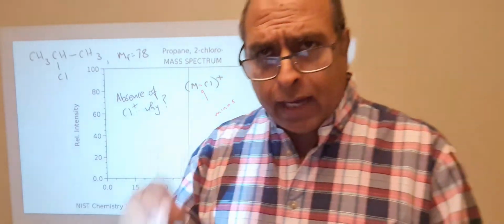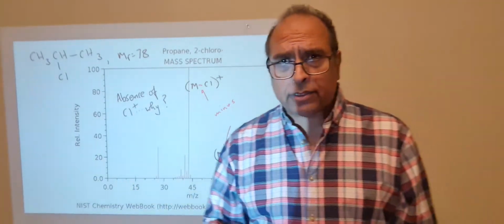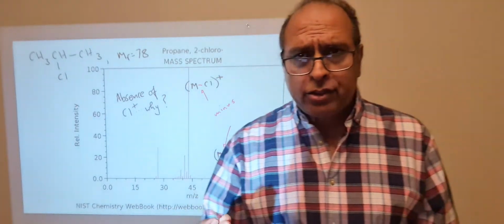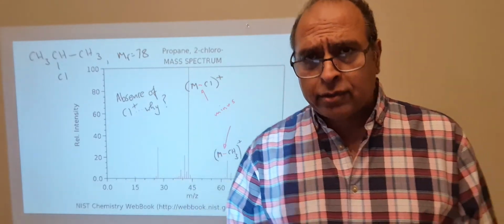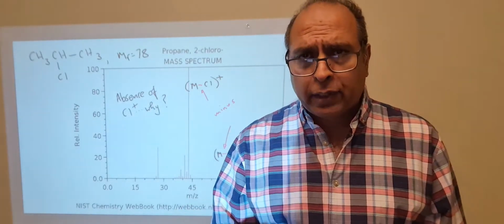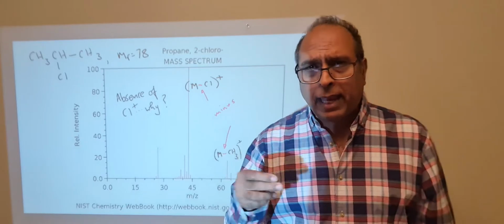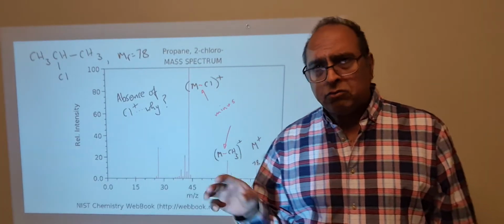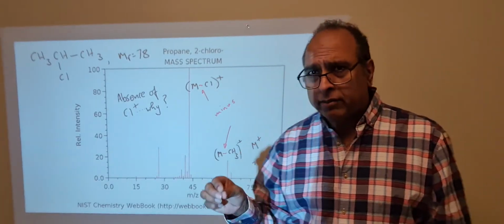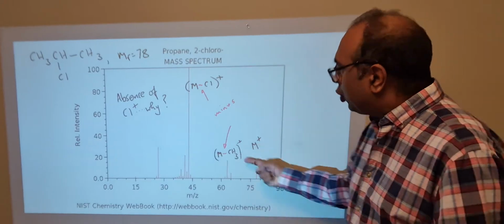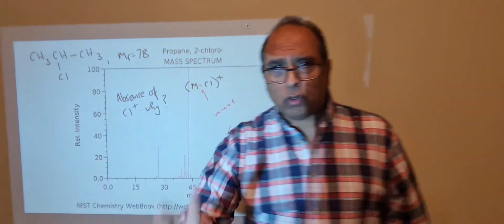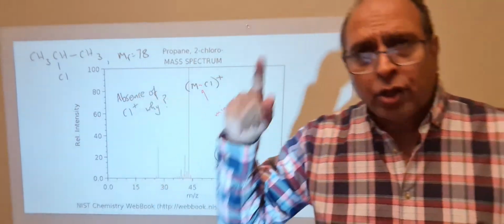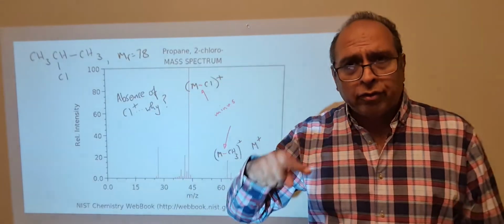So now you've got to use your common sense and your intelligence and your chemical nous to answer these kinds of questions that require a little bit extra thinking. Not much extra thinking, but a little bit extra. Now, chlorine. You should know chlorine comes in 2 isotopes, chlorine 35 and chlorine 37.